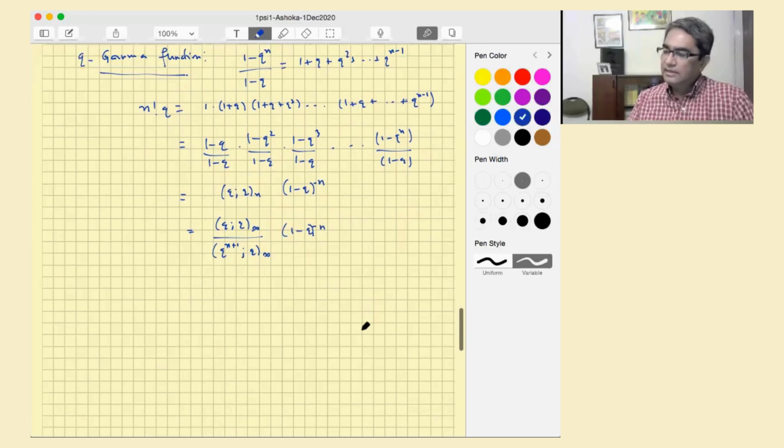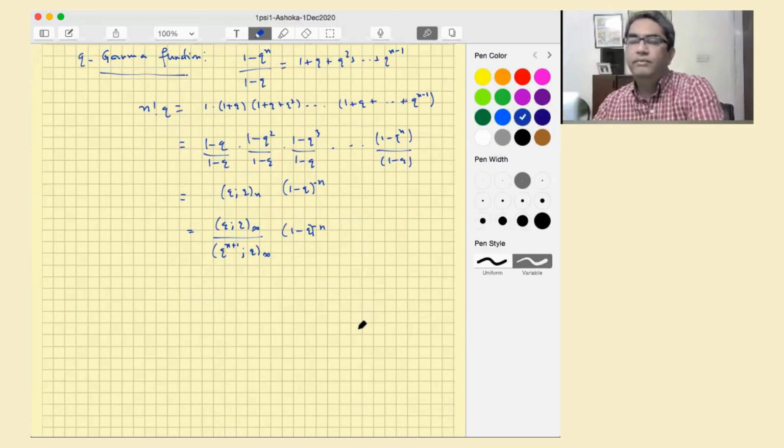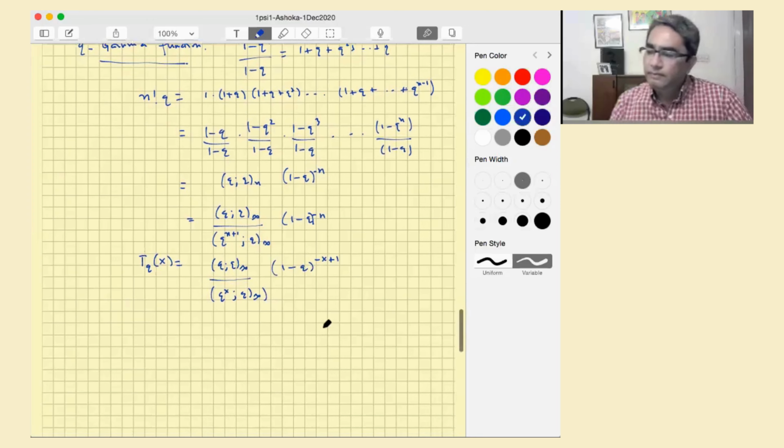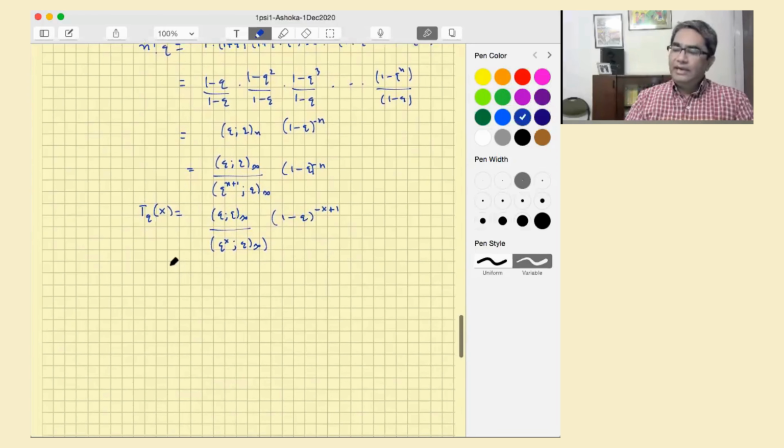So this is for a natural number, and now immediately we can think of defining gamma q of x as q infinity over q raised per x q infinity and 1 minus q raised per minus x plus 1. Why do I want this? Because I would like gamma q of n plus 1 to be equal to n factorial q.